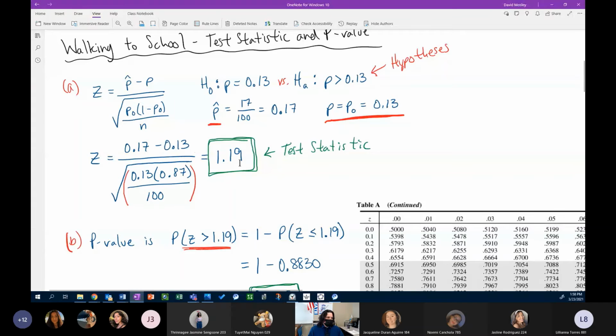Ultimately, we get 1.19 after a little bit of rounding. I think it's like 1.188, so we'll just round it to 1.19 because we only get 2 decimal places for table A anyway. So that's our test statistic. Are there any questions about how we got the test statistic?